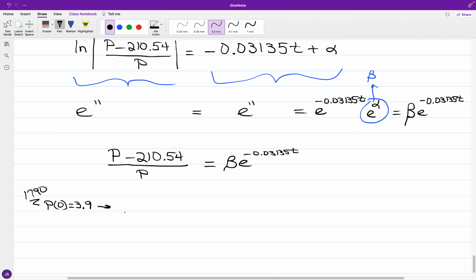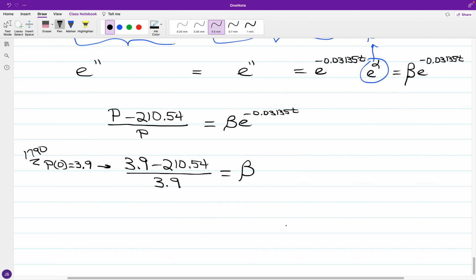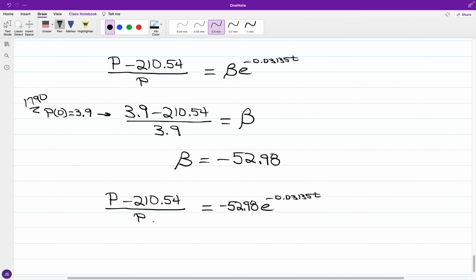If I plug in for P, we have 3.9 minus 210.54 over 3.9, and e to the 0 is 1, so we have beta times 1 is beta. To the nearest two decimal places, this is minus 52.98. Plugging in this value for beta, this formula arises.